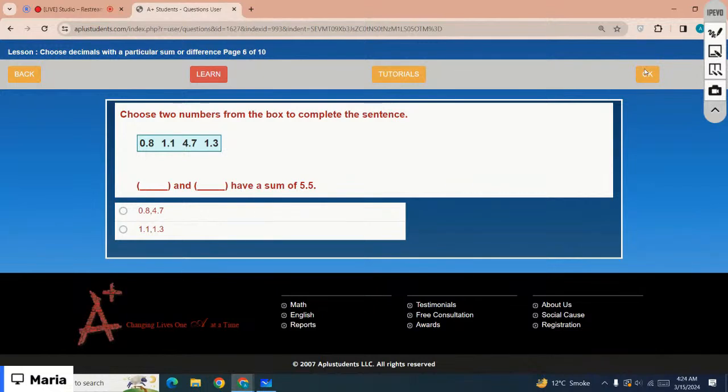Yes, the correct option is option number 1. 0.8 and 4.7 have the sum 5.5, right? Okay, you can complete the lesson by yourself later today. Let me just move on to the next lesson.